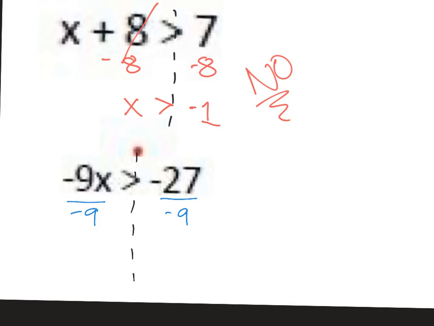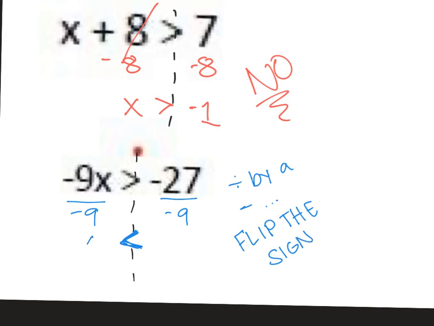So we take this sign and we flip it because we divided by a negative. Flip the sign. So you get x is now less than positive 3. We flip the sign.